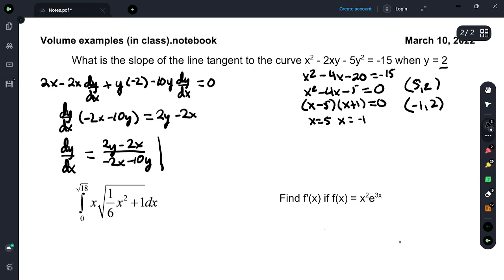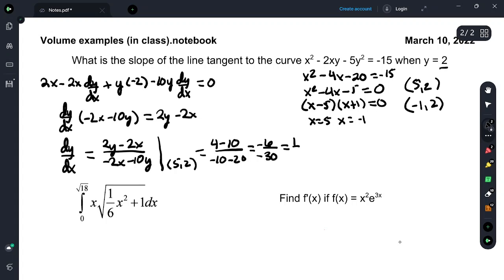And we're evaluating this at 5, 2. All right, well, 4 minus 10 over, plug the 5 in, negative 10 minus 20. So I get negative 6 over negative 30.